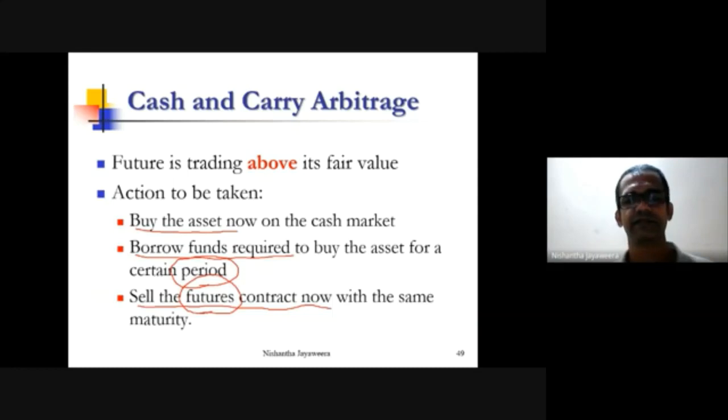In this example, it is a 1 year futures contract. So you have to sell a 1 year futures contract, borrow funds for a 1 year period, and buy oil in the cash market.